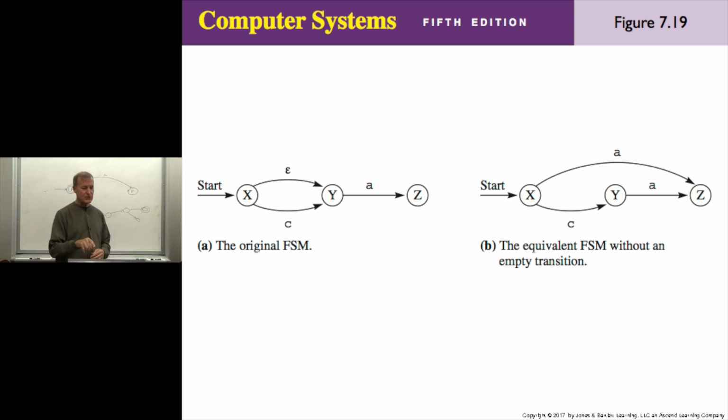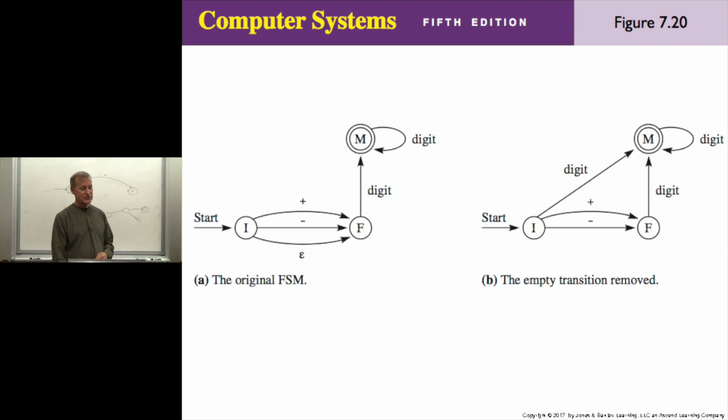What happens is we can go, because there's the empty transition from X to Y, and then transition on A from Y to Z, that means we can insert a what? Transition from what? X to Z on A. Are you with me? So that's the equivalent finite state machine without an empty transition in part B. Does everybody see that?